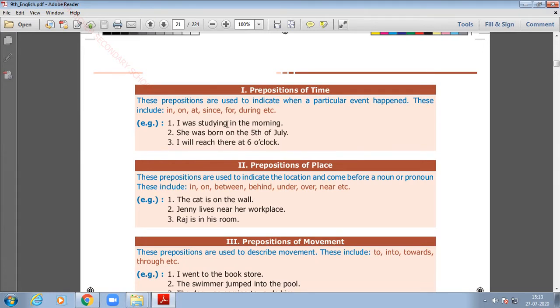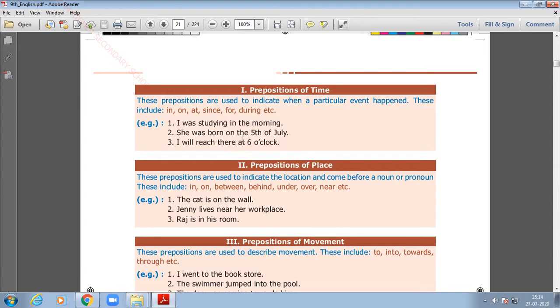And in refers here to the timing. Even if you want to denote the month or the year, you will use in. She was born in the month of July. She was born in 2000. Now these are the usages of prepositions based on time.